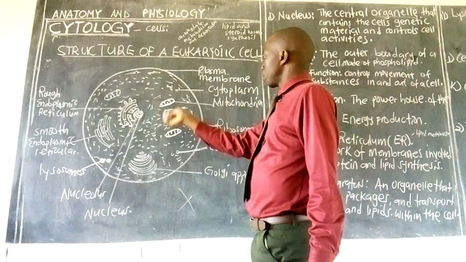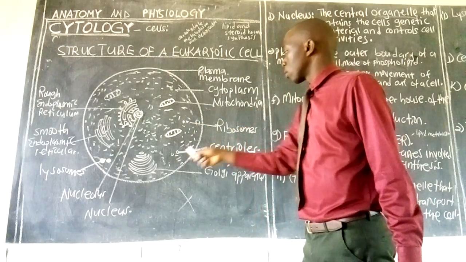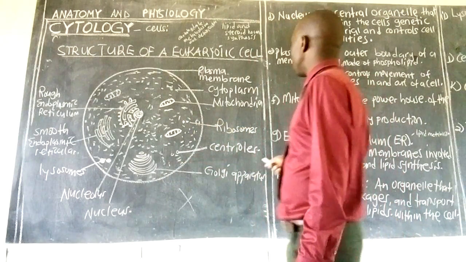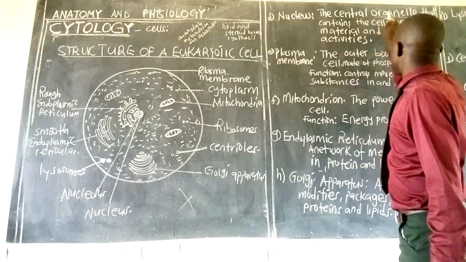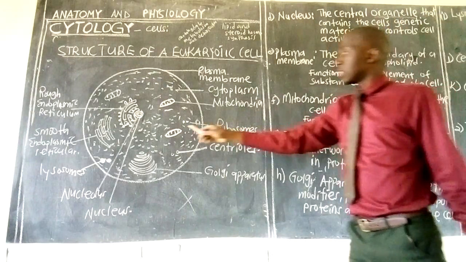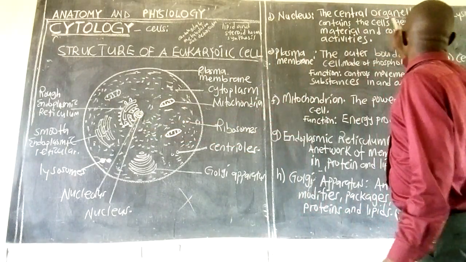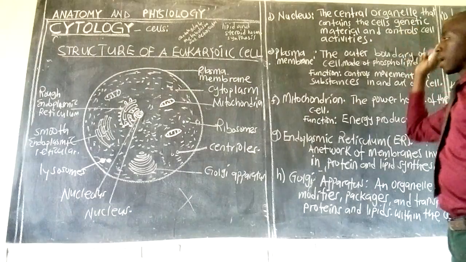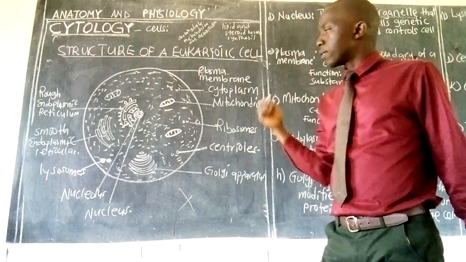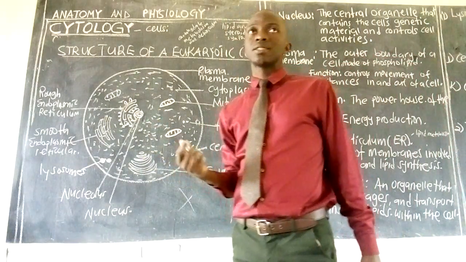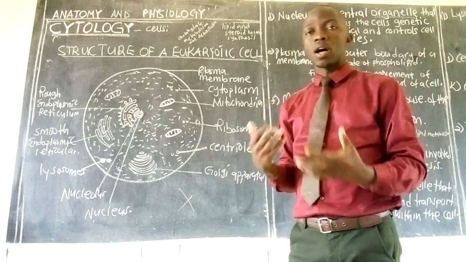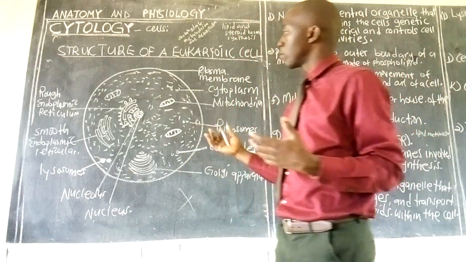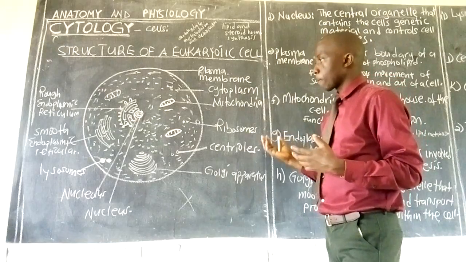Mitochondria is an organelle. Golgi apparatus is an organelle. So when we say the nucleus is the central organelle, it means it is the central one that contains the cell's genetic material and controls the cell activities. In brief, the cell nucleus is the controller of the cell.